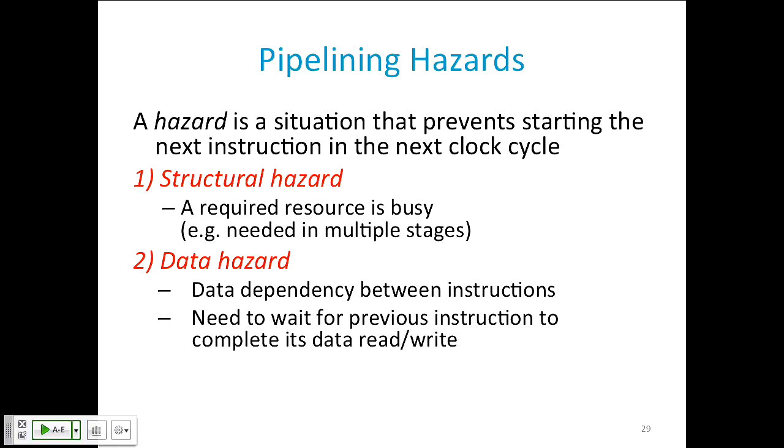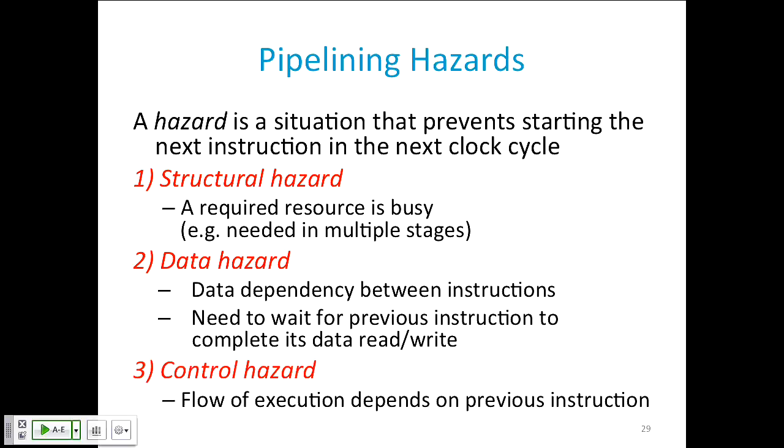One instruction needs a value that the previous one is producing, and the previous one hasn't produced it yet. We actually had questions about all these hazards already. And the last one is a control hazard, which is when I don't even know what the next instruction is supposed to be because the current instruction is a branch or a jump that's going to change the program counter, not just by +4, but to jump some other random place in the code. So these are the 3 major categories of hazard.